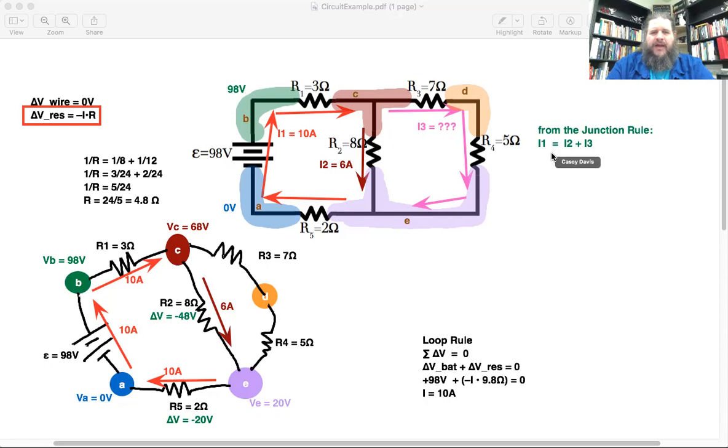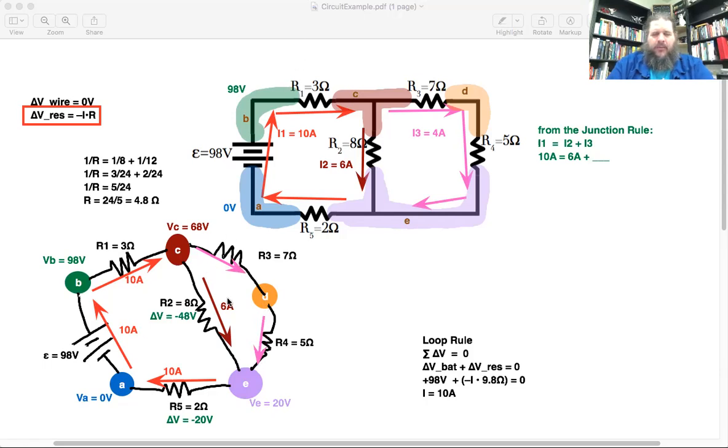So if we fill in those values, we know, for instance, I1 is 10 amps. We know I2 is 6 amps. What does I3 have to be to make this work? Yeah, that's got to be 4 amps. So now we can fill in that the current through resistor 3 and resistor 4 is 4 amps.